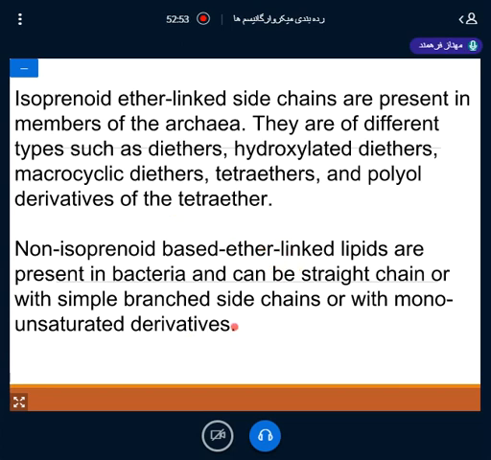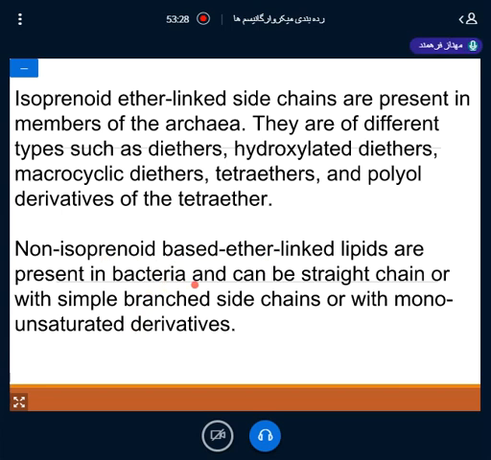We can see ether-linked lipids in bacteria, simple branched side chains, and monounsaturated derivatives that are observed in bacterial cells.